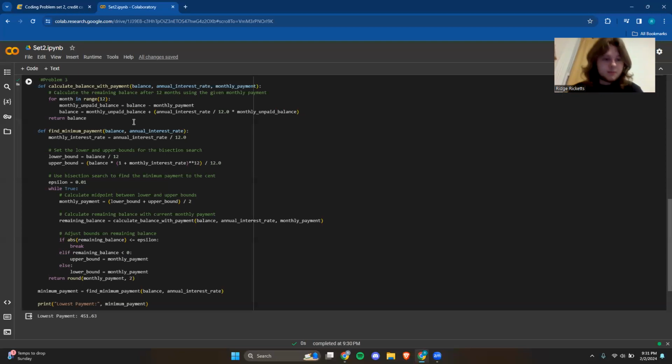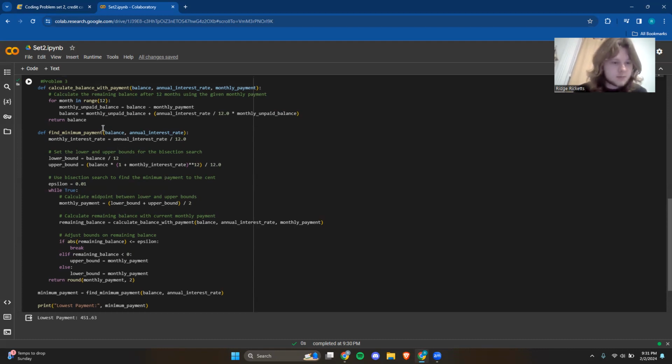So the bisection search is performed between the lower and the upper bounds, where the lower bound is 1/20th of the original balance, and the upper bound is calculated based on the balance and annual interest.